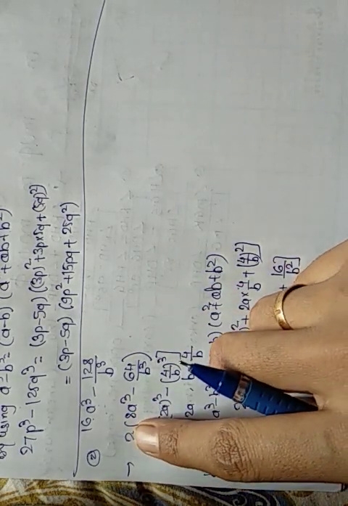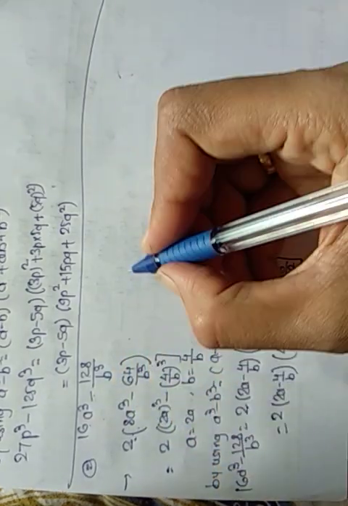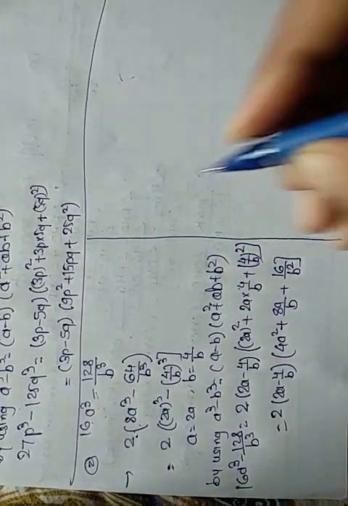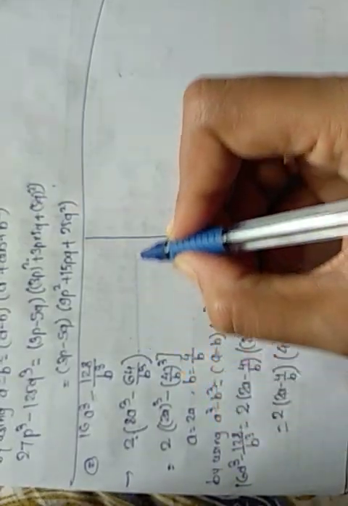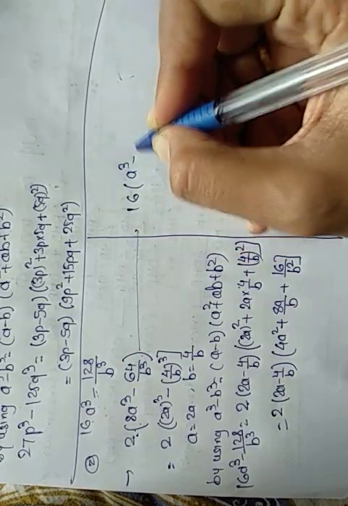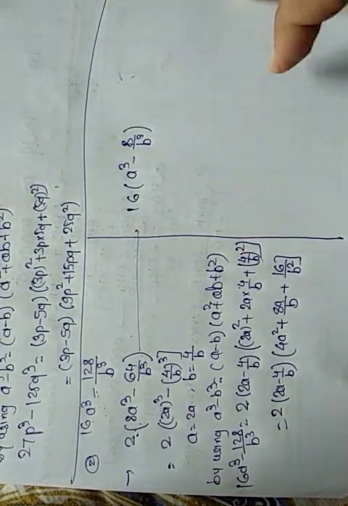Instead of taking 2 common, if you take 16 common, then the bracket is a cube minus 8b cube.